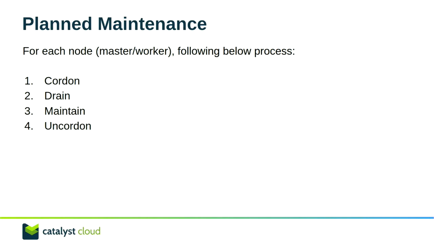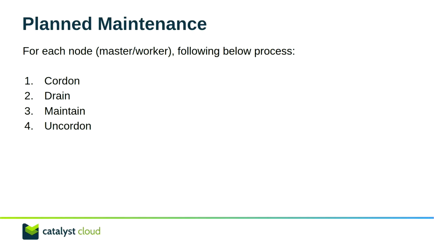I want to cordon worker node 1. That means no new pod workload can be scheduled on that worker node, because I want to maintain it, I want to do a rolling upgrade on that node.